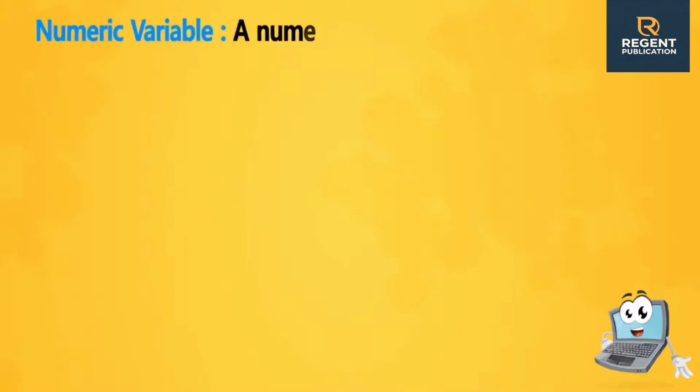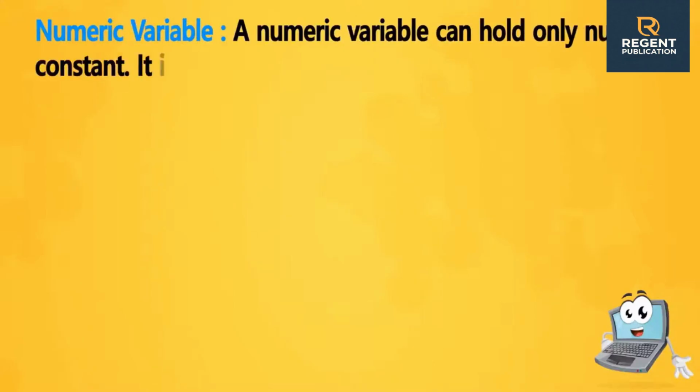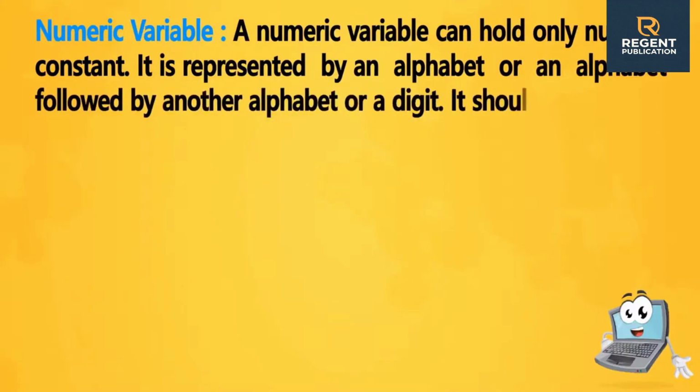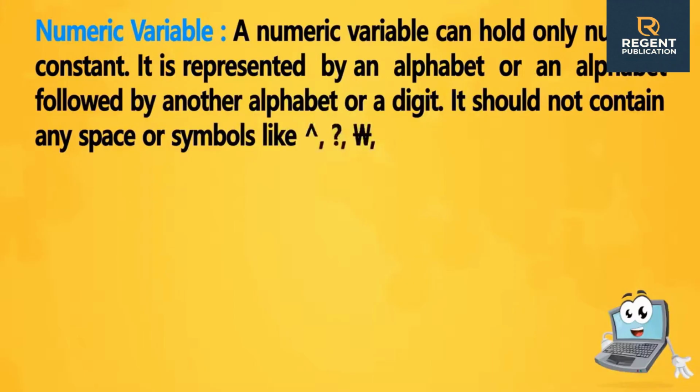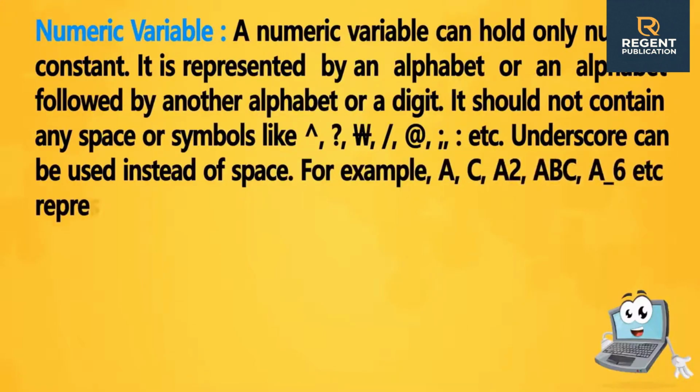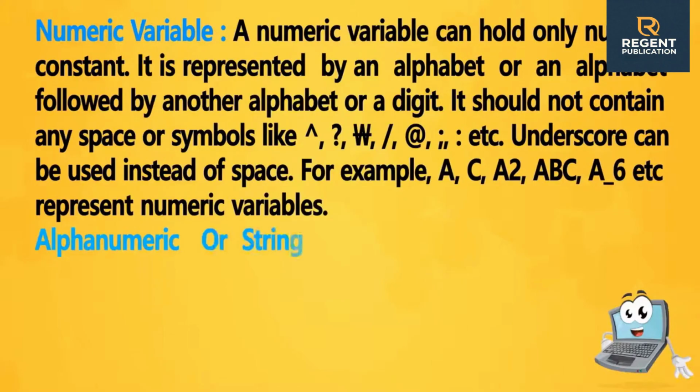It is represented by an alphabet or an alphabet followed by another alphabet or a digit. It should not contain any space or symbols like caret, question mark, slash, dot, colon, etc. Underscore can be used instead of space. For example, A, C, A2, ABC, A underscore 6, etc.